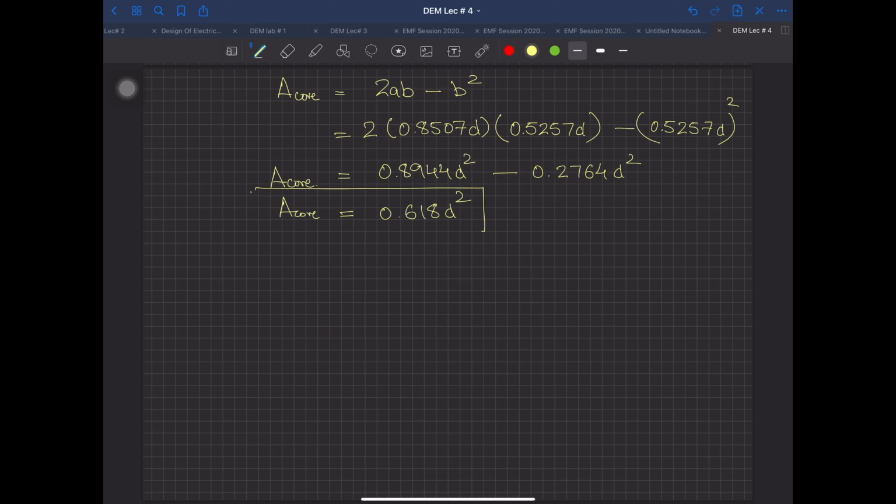So a two-step core is having 0.618 D square.